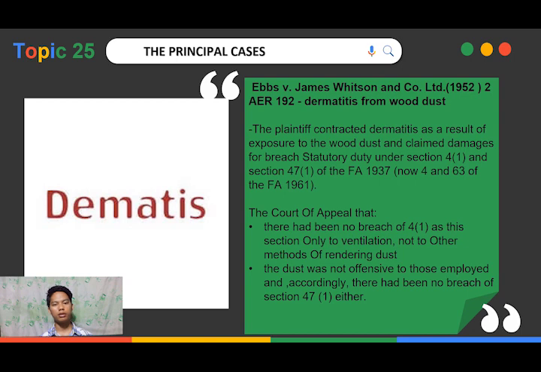The Court of Appeal held that there had been no breach of Section 4, as this section covered only ventilation, not other methods of rendering dust harmless. The dust was not offensive to those employed, and accordingly there had been no breach of Section 47 either.